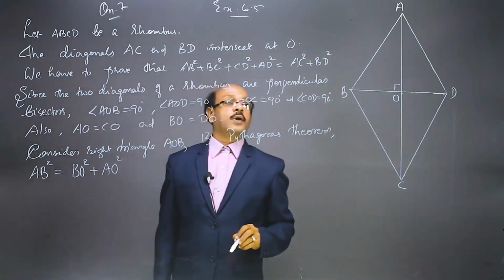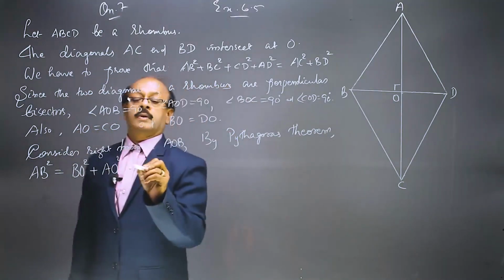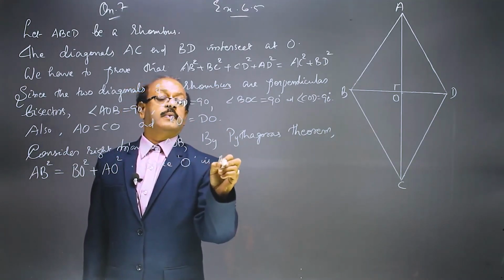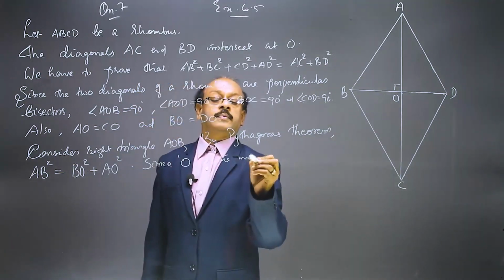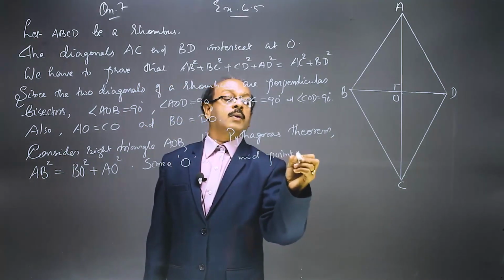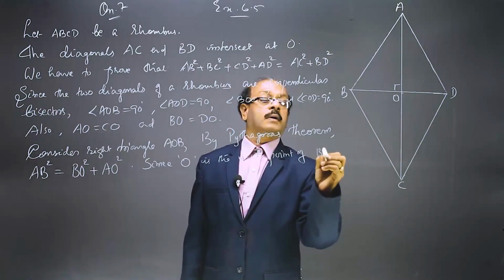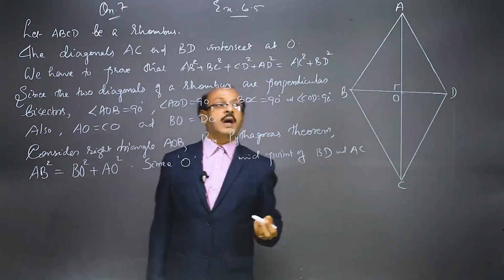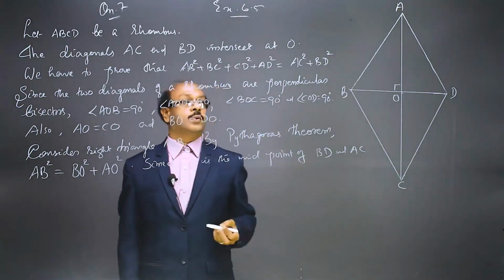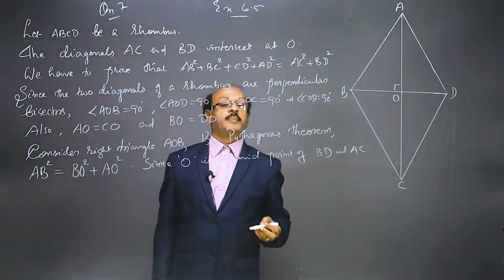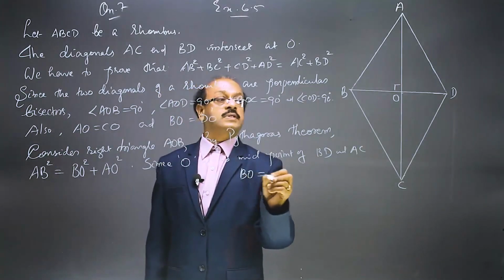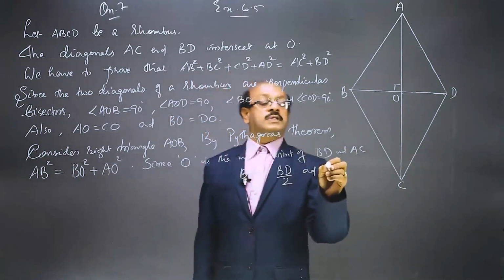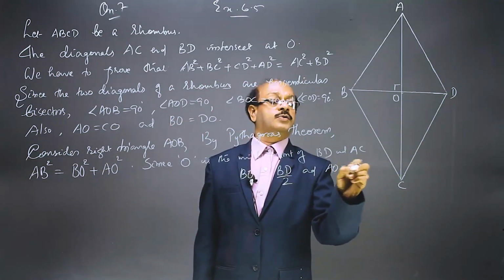Since O is the midpoint of BD as well as the midpoint of AC, BO is equal to BD by 2 and AO is equal to AC by 2.